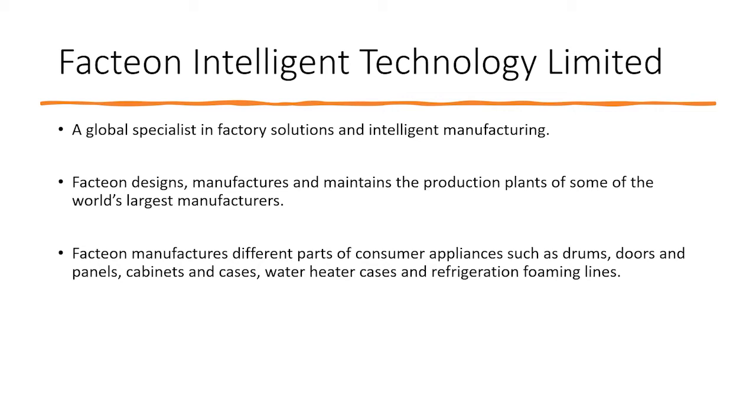Most of the products manufactured by Factian are made of stainless steel. The material of the product makes the surface look highly specular, which means it is really reflective. This research has been carried out as a part of Factian's quality control program.